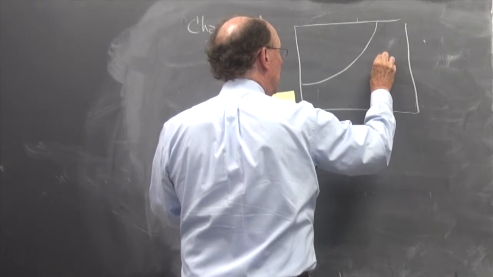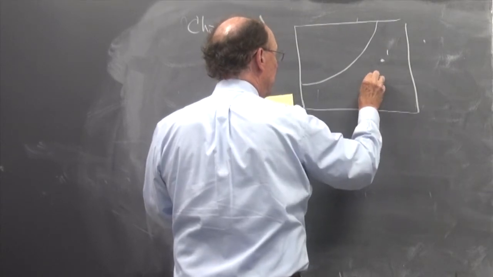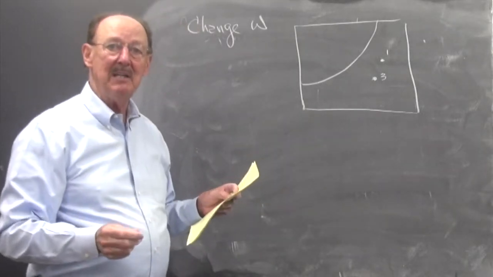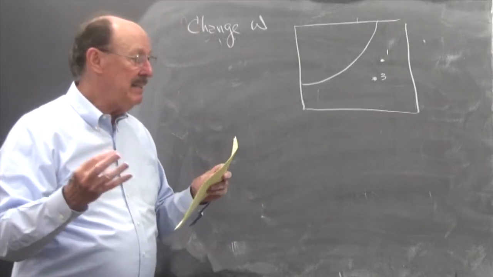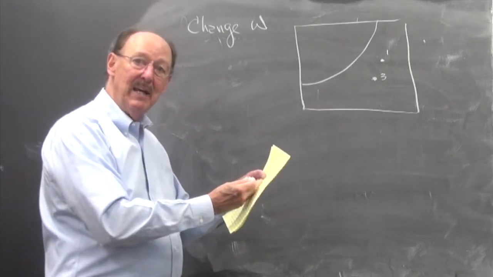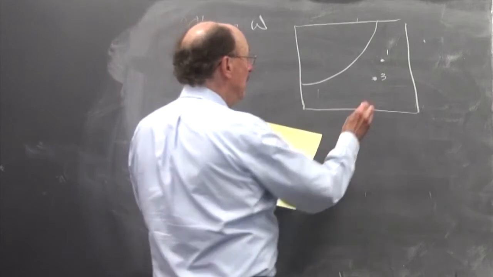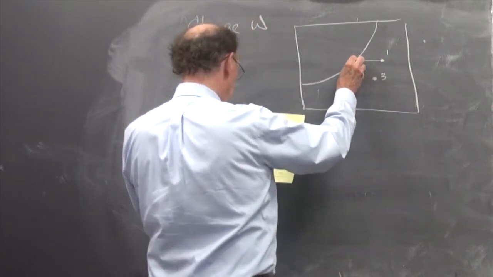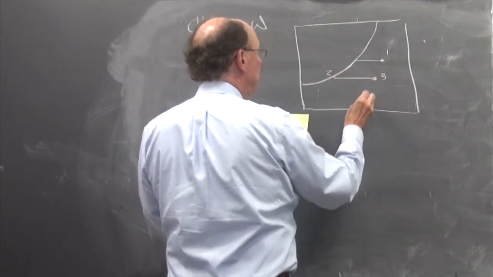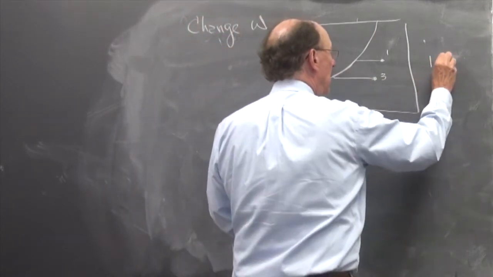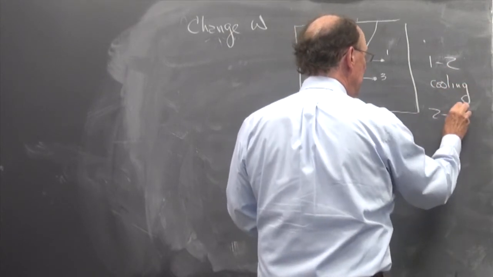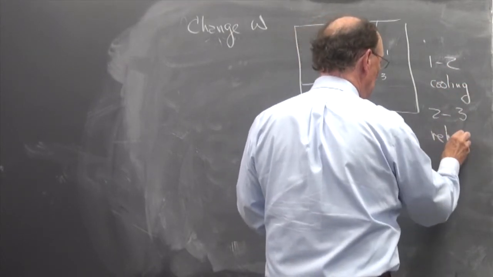I'm here at 1, and I want to get down to 3. The only way I can do that is to bring it to the dew point, reduce omega, and then reheat it. So I'm going to go from 1 down to 2, which is cooling, and 2 to 3 is reheating.